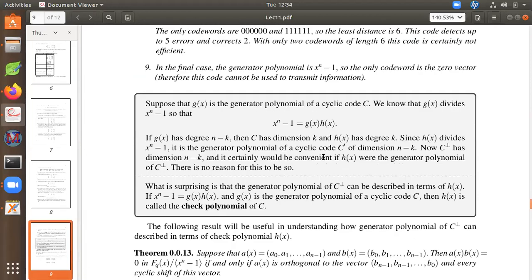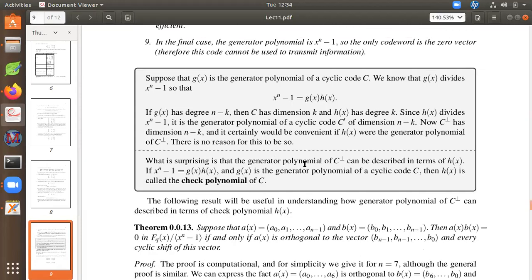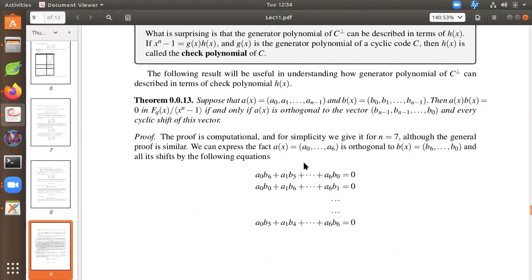Similarly here, h of x has degree k, and the cyclic code dimension is n minus k. But C perp also has dimension n minus k, so it would be nice if h of x itself were the generator polynomial for C perp, but that is not true. So why is that happening? That is this theorem, a small result; all are very simple.